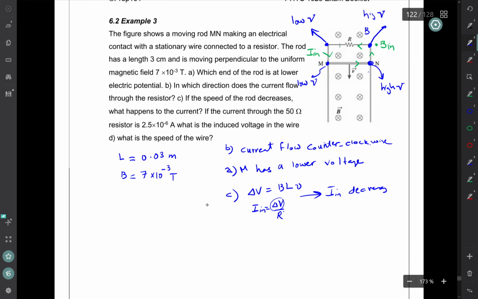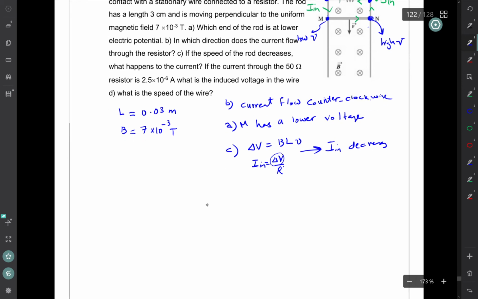If the current through the 50 ohm resistor is 2.5 times 10 to the minus 6, what is the induced voltage? Now for the next part, if I want the induced voltage, I have I induced and I have R, so I can just sub in the numbers.